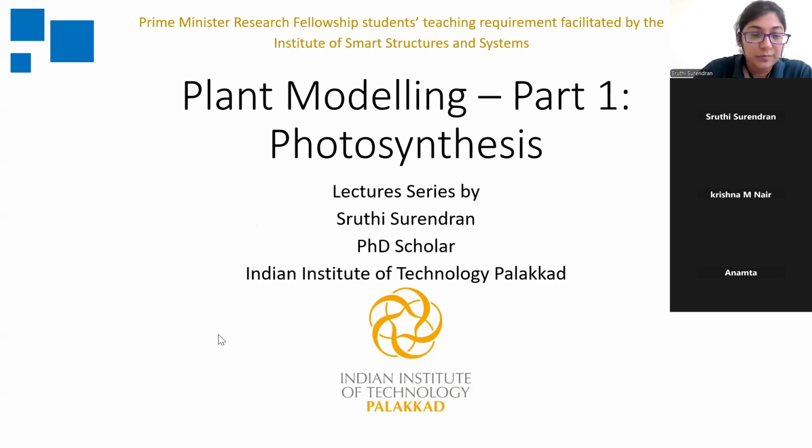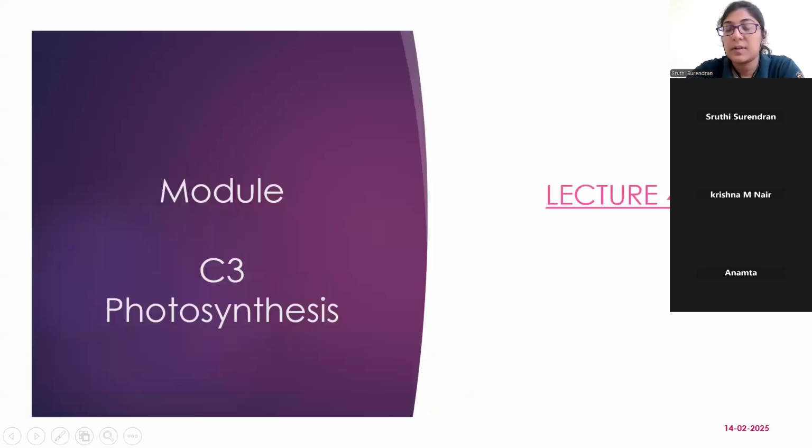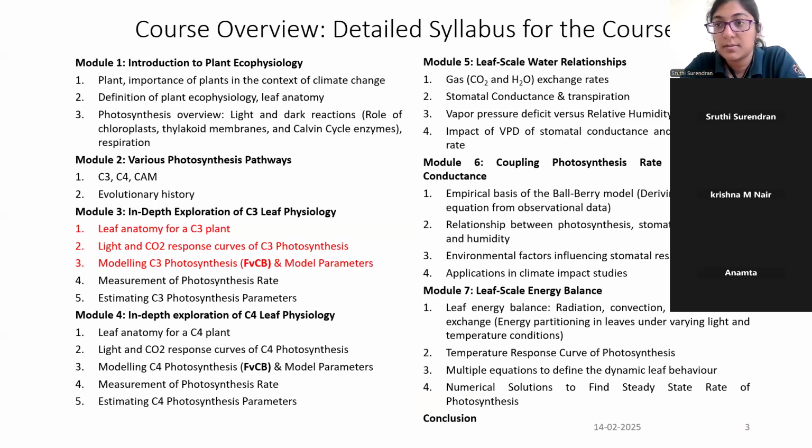So let's move to today's lecture. Today we will be dealing with C3 photosynthesis. In the previous classes, we went through the overview of the leaf anatomy, the plant anatomy, from plant to leaf to the cells inside the leaf where the photosynthesis is occurring.